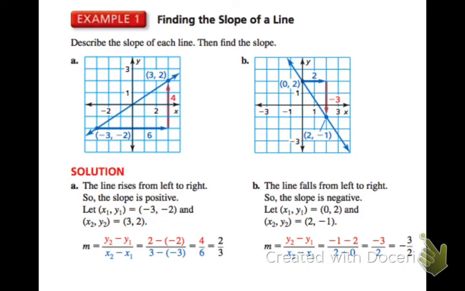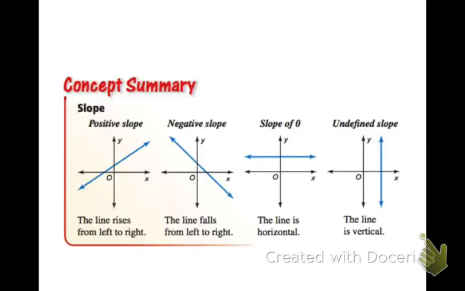All right, so let's look at this. Oh, this is a good one too. This shows you all the different slopes. We have our positive slope, our negative slope, and then a slope of 0. The horizontal lines have a slope of 0, because you have a change in y of 0. It's always the same number. And then your change in x could be anything, right?